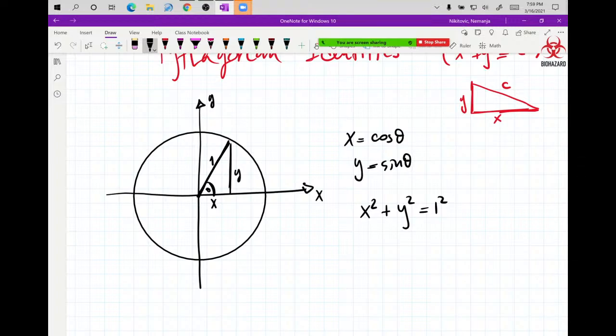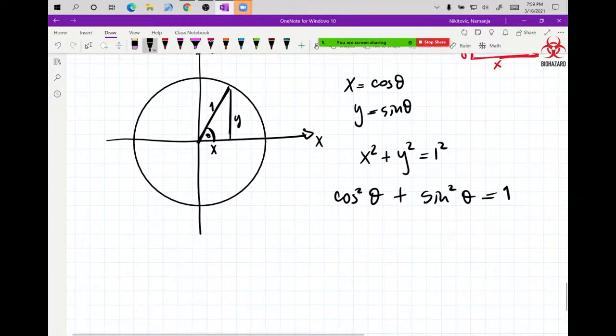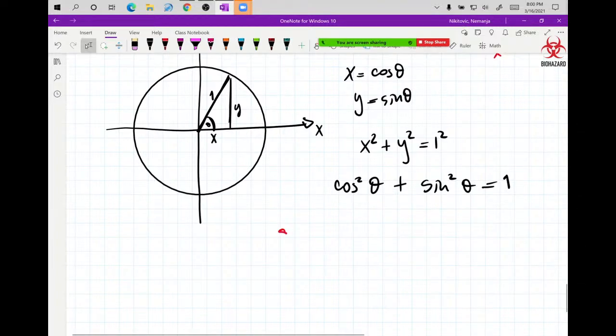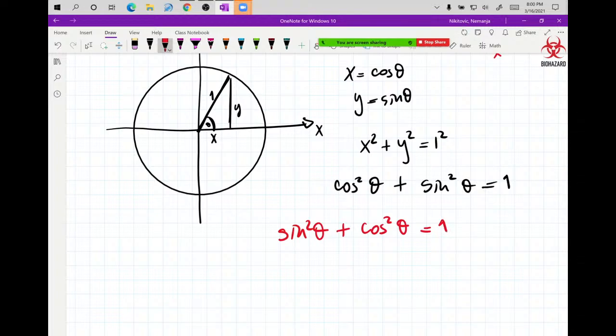So now plug in sines and cosines. x is the cosine, y is the sine, and the sum of their squares equals 1. And this is one of the most important formulas of any trig course. Sine squared theta plus cosine squared theta is equal to 1.